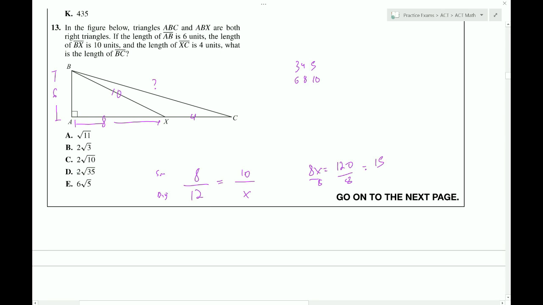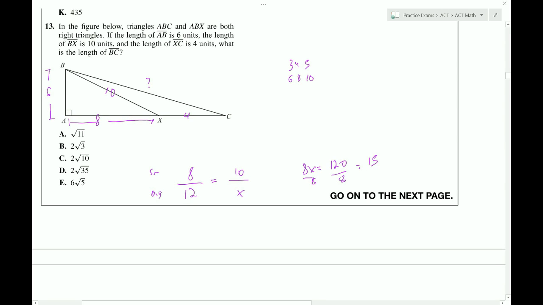Why is that not a choice? Let's see here. 6, 8. Oh, well, these triangles are not similar at all, are they?